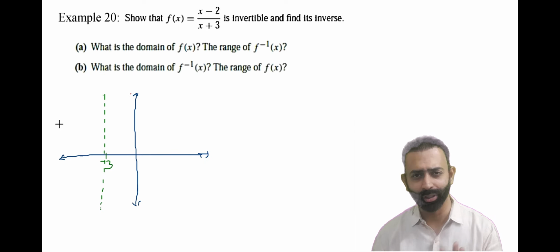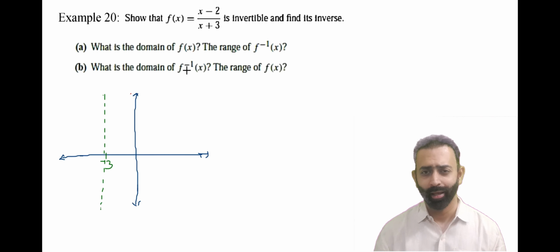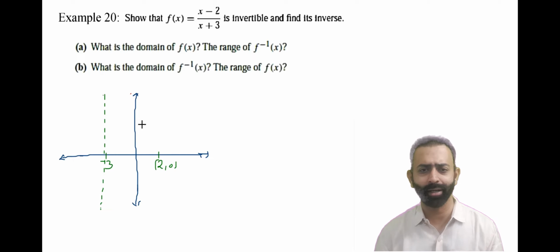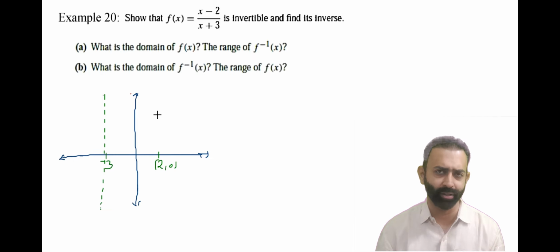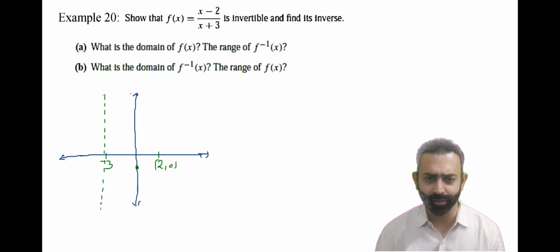Here the graph won't touch. Let us find out the zeros of the graph, where the graph will intersect the x-axis, by putting y = 0. So here comes the point (2, 0). The graph will cross (2, 0), and what is the y-intercept? The y-intercept is coming out to be -2/3 by putting x = 0. So this is -2/3.